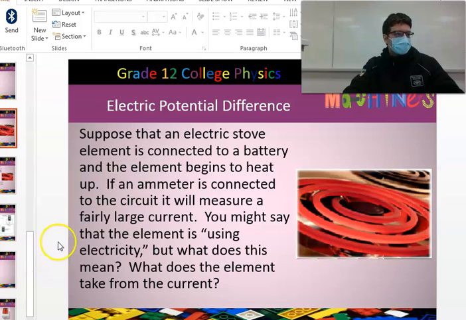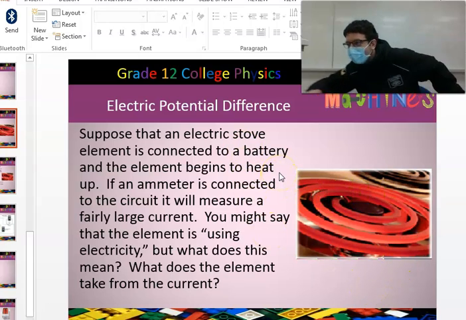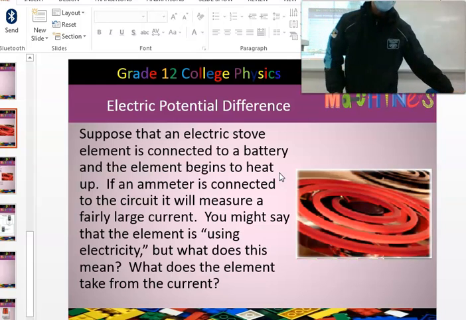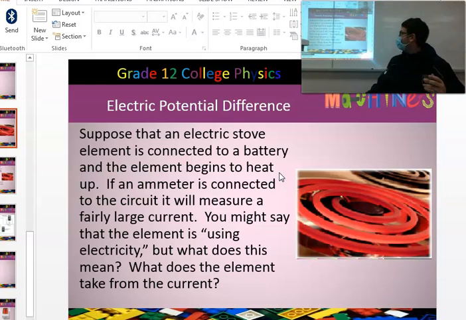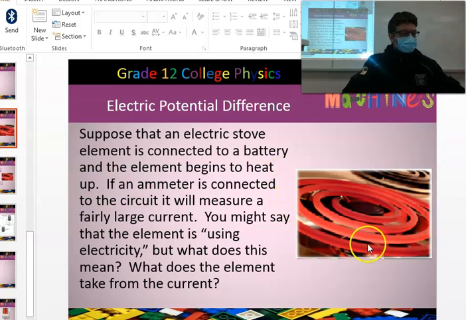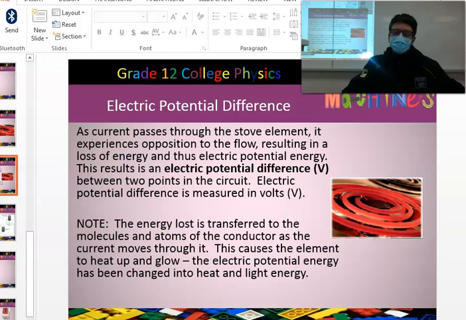All right, so next thing I want to talk about is electric potential difference. Imagine you hook up an element, like a stove, and that stove is going to heat up. It's going to glow red hot. As it glows red hot, you have current going through it, but if it has thermal energy, where's that energy coming from? Every charge carries a little bit of energy as it moves through it, and that energy per unit charge is called electric potential.